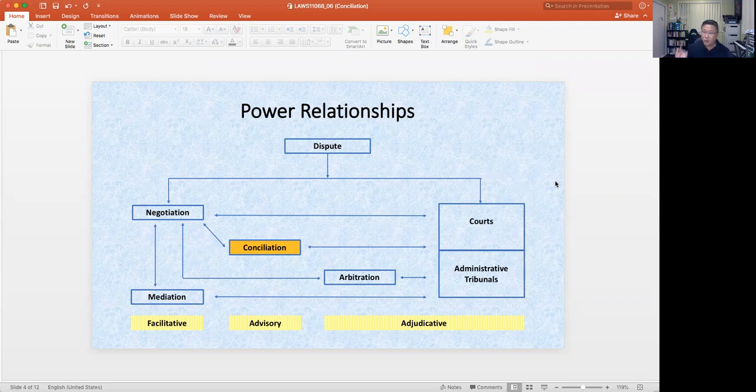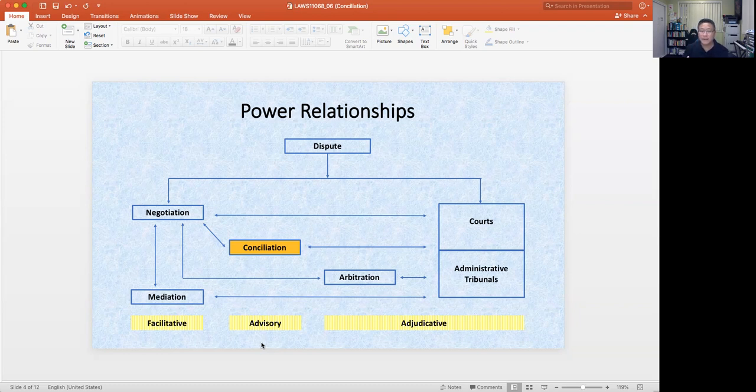So instead of getting the courts to have to resolve the dispute, which means that there would have to be hearings as part of natural justice, the courts think that instead of waiting for 2 years or 3 years for a legal case to crawl through the legal system, it might be better for the parties to go to a conciliator who can provide advice to the parties as to their respective legal positions.